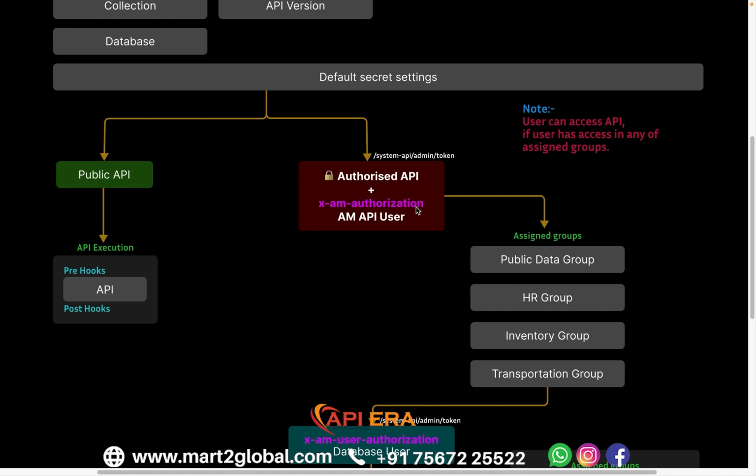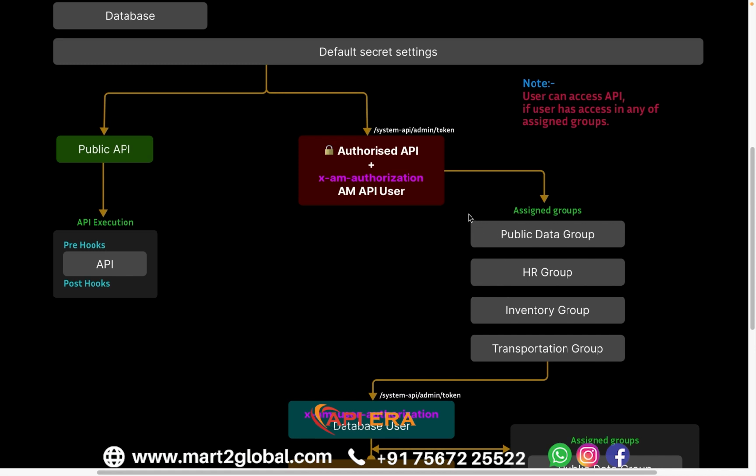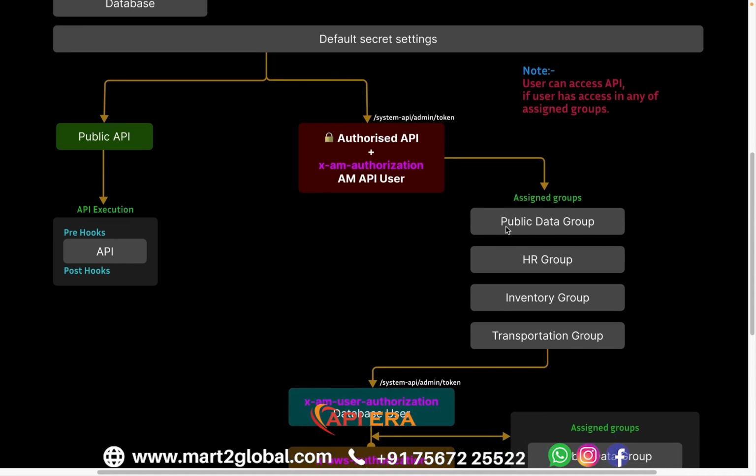When the API receives that header, it will open that token and extract the API user information from it. Based on the API user, we will receive the groups assigned to that API user. If we have given permission to hit that API in any of these groups, the user can hit that API.